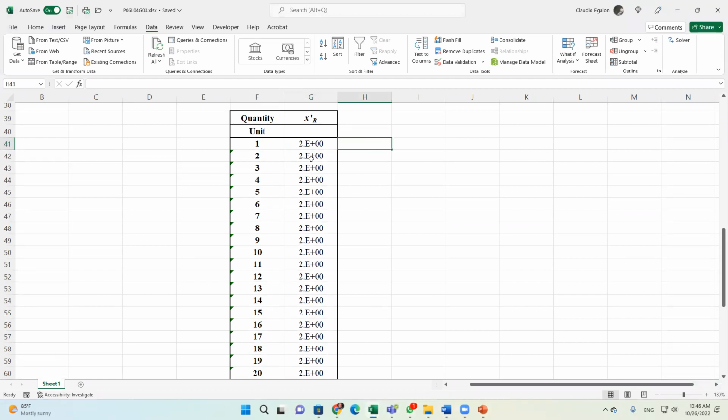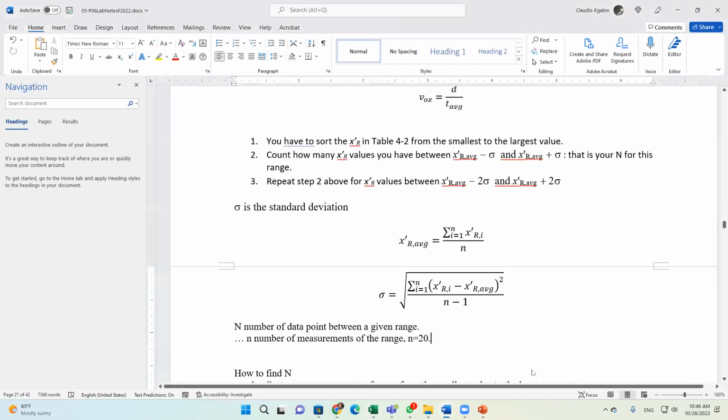You take the square of this value minus the average, sum with the square of this value minus the average, and so on. That's how the standard deviation is defined. It's a very useful statistical parameter, and the equation is right here.